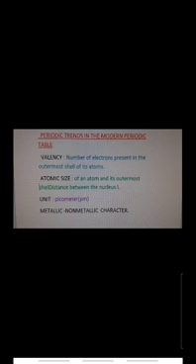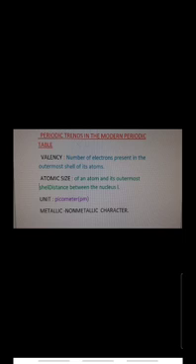Next, periodic trends in the modern periodic table. When the properties of elements in a period or a group of the modern periodic table are compared, certain regularity is observed in their variations. It is called the periodic trends in the modern periodic table.